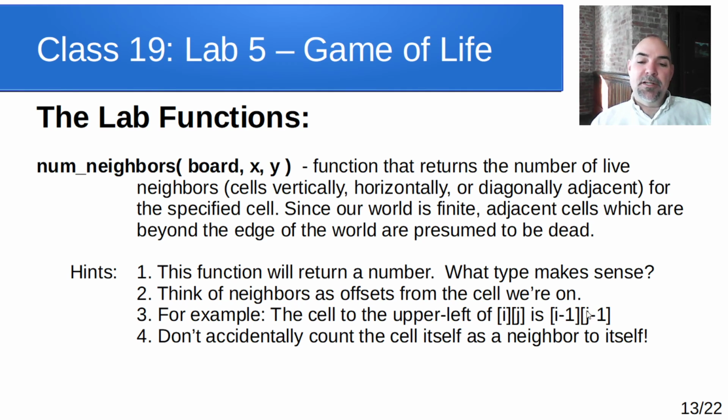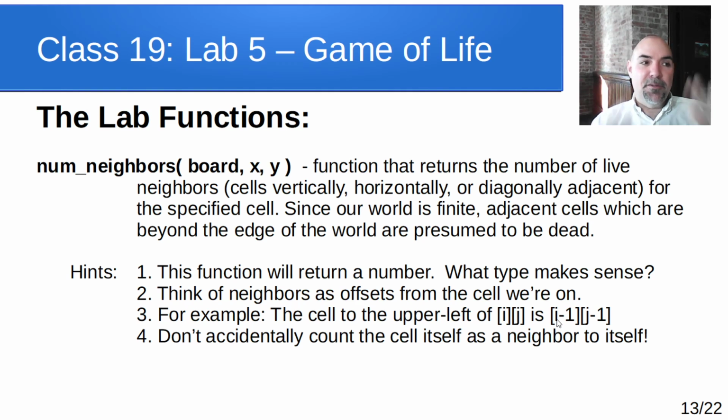One other thing to note here is make sure you don't go off the end of that array, because remember that in C, things are stored contiguously. There's no bounds checking on arrays. So if you accidentally do not take care of the case where you go one row off the bottom, then you're going to be off in memory that's not allocated to this array and your program could crash.